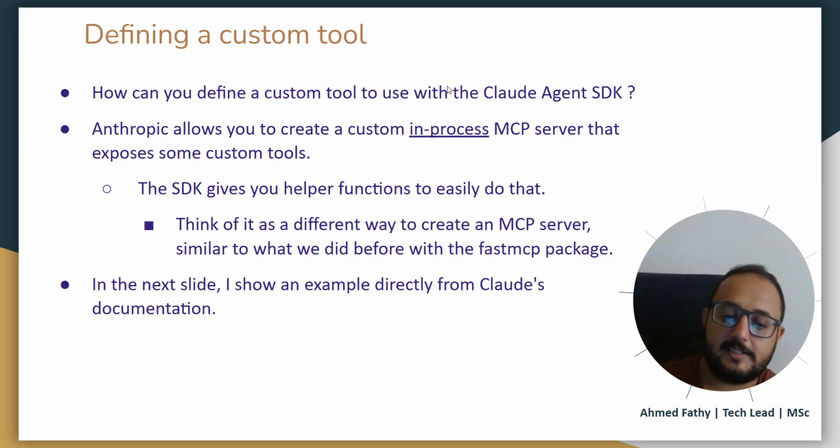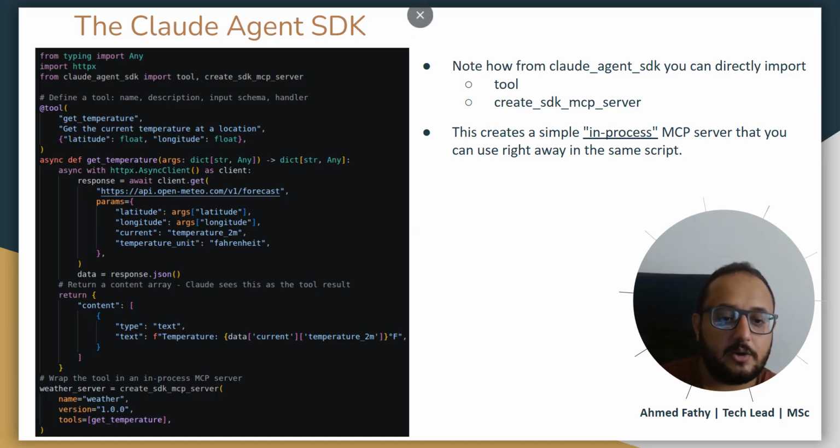So let's show one example directly from Claude's documentation. From the Claude Agent SDK, you can import tool and you can import create SDK MCP server. So this is how you define a tool: add a tool using this decorator. The tool is called get temperature, and this is the description of the tool, and those are the parameters of the tool.